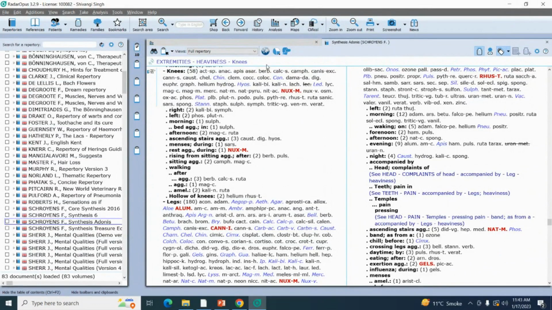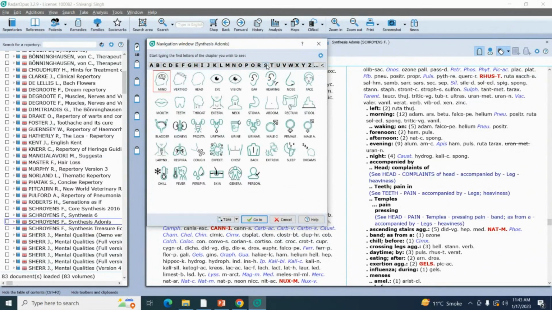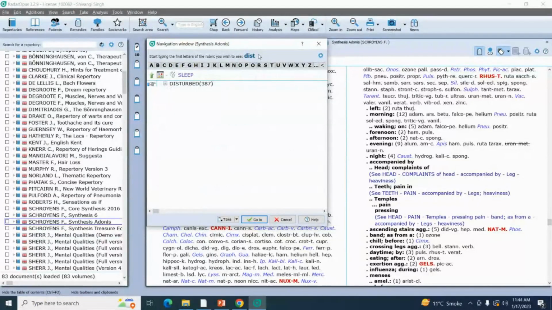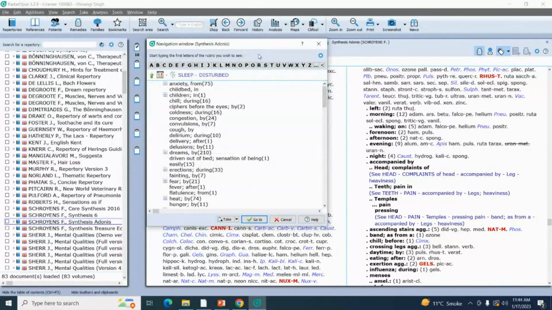Now the next symptom I'm going to take. A patient is having a problem in sleep, having disturbed sleep. So I'm going to the sleep chapter. Sleep, disturbed.